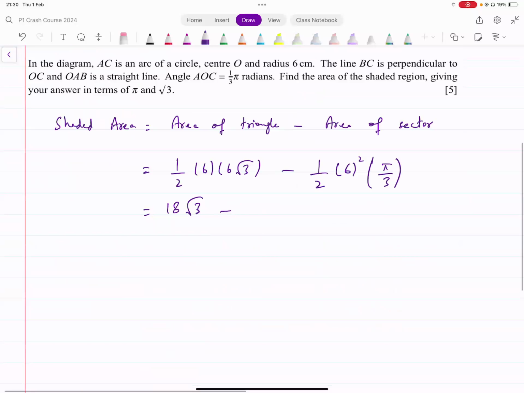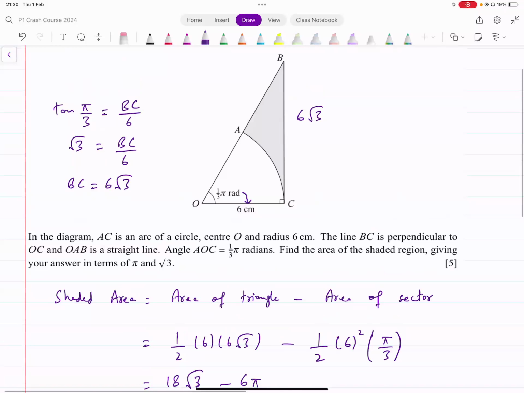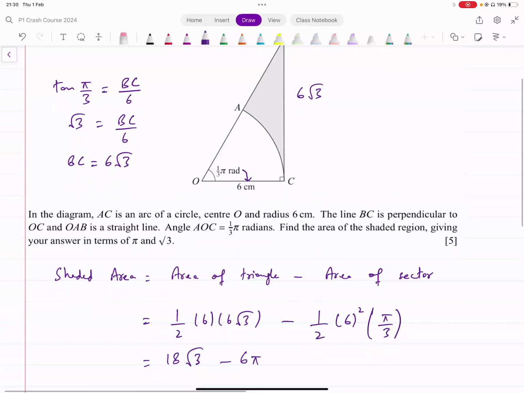You can just simplify this now. 36 over 6, which is going to be 6 pi. And that's the area of the shaded region. So these are probably the easiest 5 marks you would find on this topic. That's all that you have to do. 18 under root 3 minus 6 pi. Make sense?